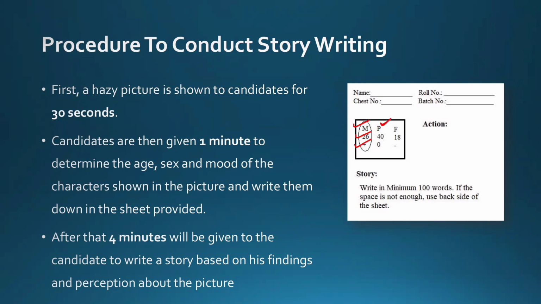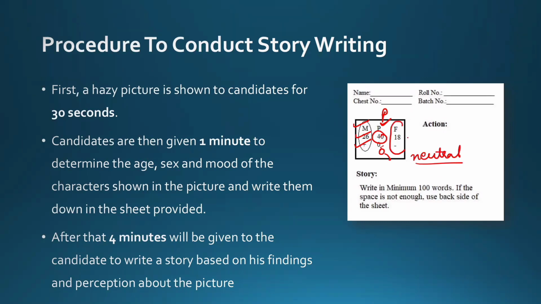There is another person whose gender is not clear. So you can write P if you are unable to figure out whether the person standing there is male or female. Age is around 40 years, and 0 stands for the neutral mood, neither positive nor negative.